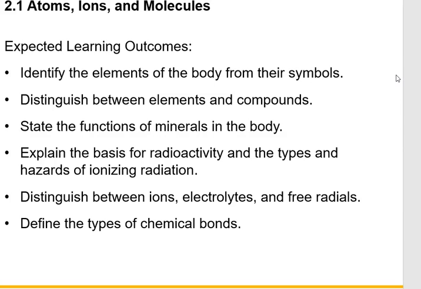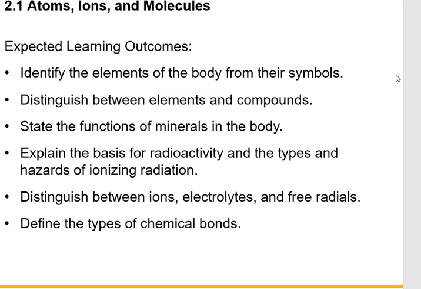You need to know the difference between an element and a compound. Anything on the periodic table is an element. So oxygen, nitrogen, helium, all of those are elements, and they can't be broken down into anything except protons, neutrons, electrons. But a compound is several atoms stuck together, at least 2 or more atoms stuck together.